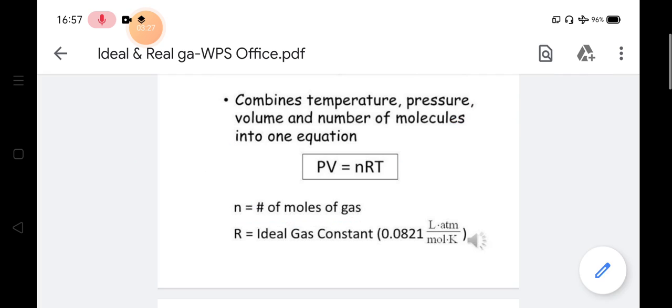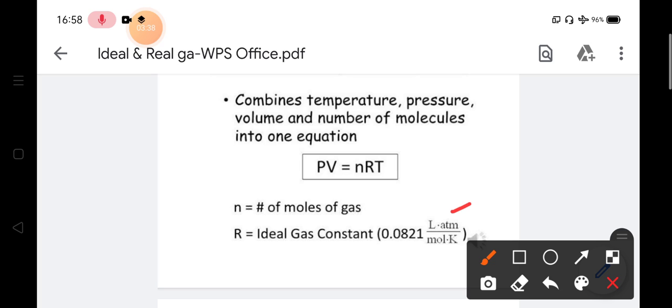But you have to remember certain different values of R. In the liter atmosphere unit, the value of R is 0.0821. In the case of joule, the value of R is 8.314.